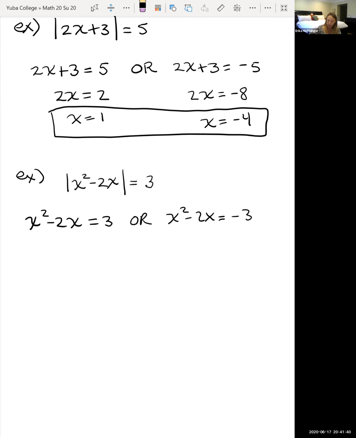So let's subtract 3 on both sides for the first equation, and we have x squared minus 2x minus 3 is equal to 0. You want to factor. There are two numbers that multiply to negative 3 and add to negative 2.